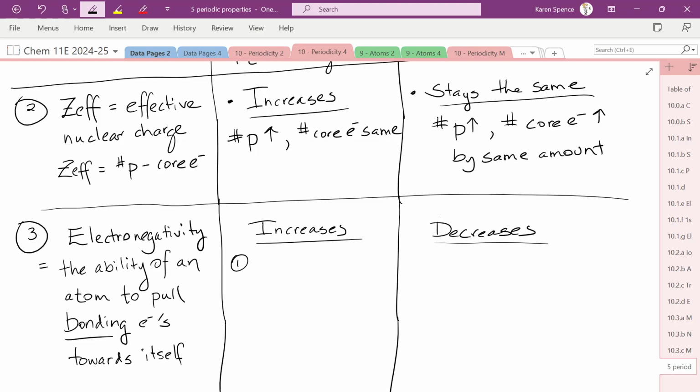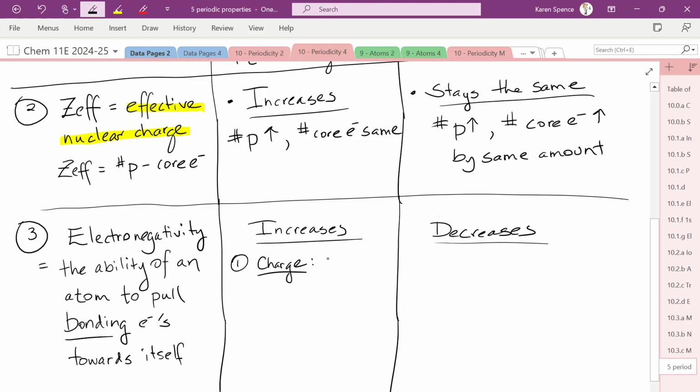Charge. What charge are we talking about? The effective nuclear charge. Would that be a good charge to talk about? Because that's something that changes as we go left to right.